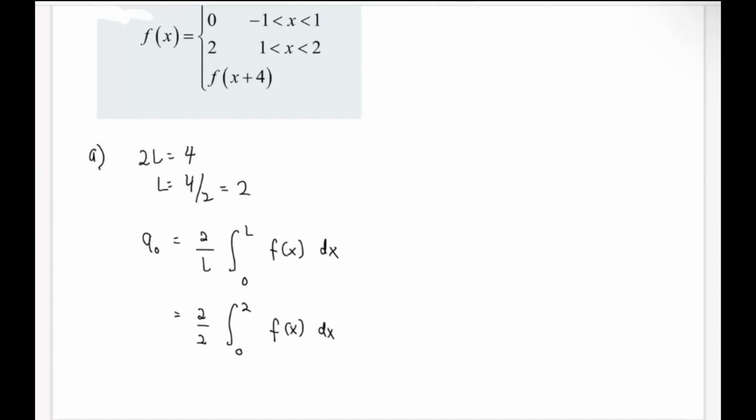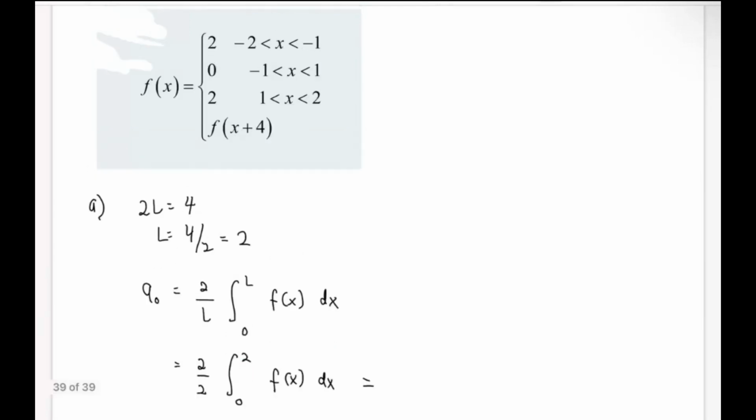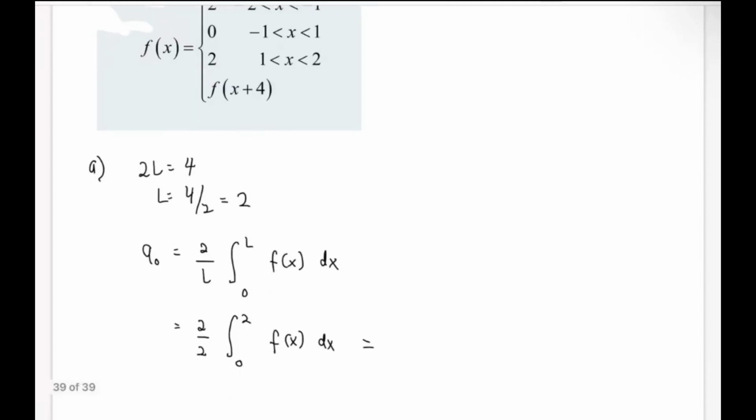So look in the piecewise function. Where is the range of 0? 0 is contained in the range from -1 to 1. That means if I want to integrate from 0, I need to use this f(x).